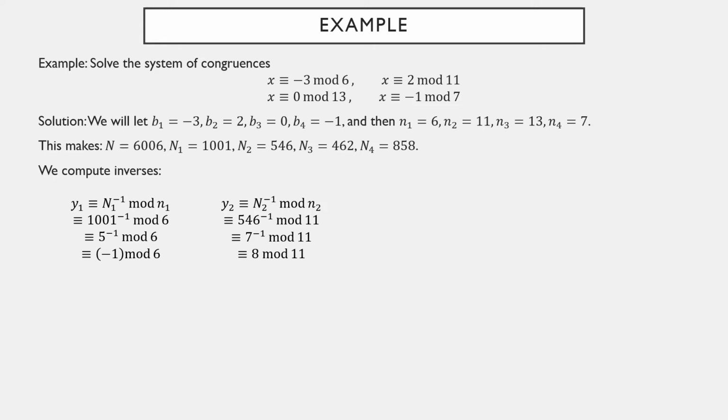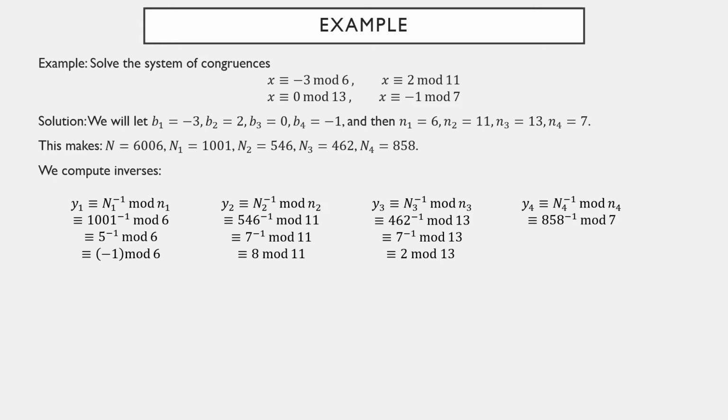So y2 is anything equivalent to 8 mod 11. y3 is something equivalent to 462 inverse mod 13. We reduce that to 7 inverse mod 13, and we see pretty quickly that's just 2. 7 times 2 is 14. And finally, for y sub 4, we need to find 858 inverse mod 7. We reduce that to 4 inverse mod 7, which again is pretty quick. Also anything equivalent to 2, but this time modulo 7.